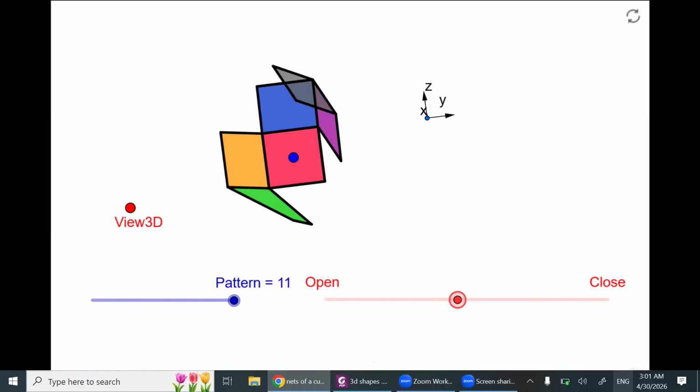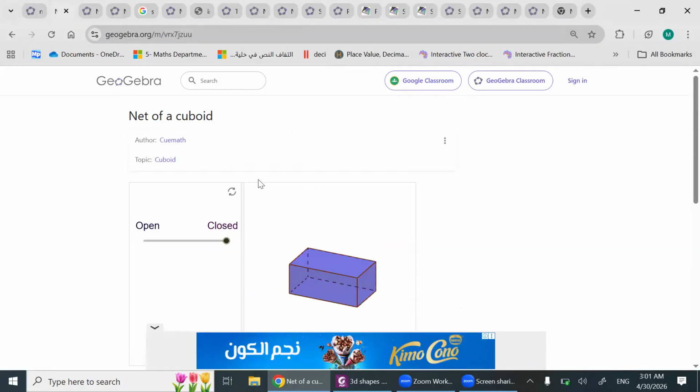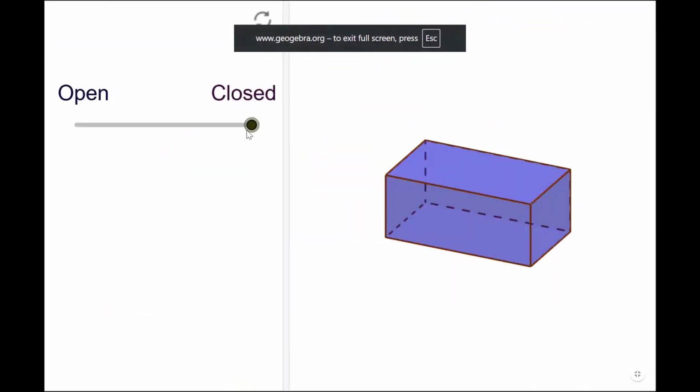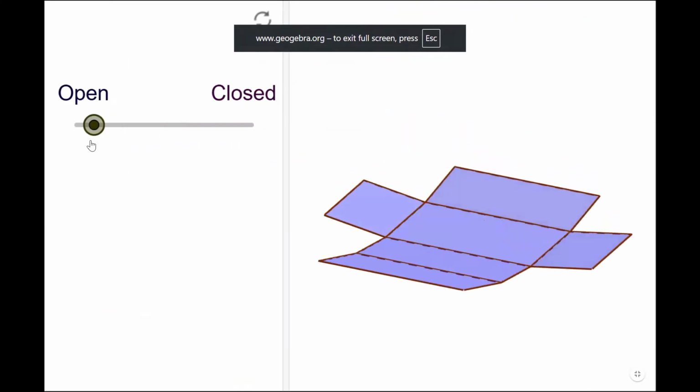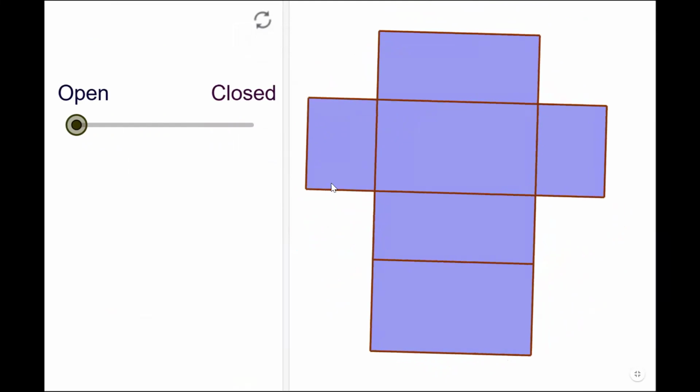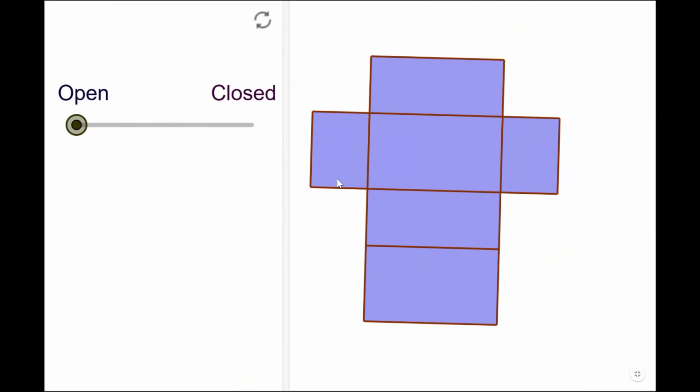The second 3D shape is the cuboid. The cuboid also has 6 faces, 12 edges, and 8 vertices. And this is the shape, how it looks when open. The net of the cuboid is similar to the cube, but the main difference between the cube and the cuboid is that the cuboid has rectangles.